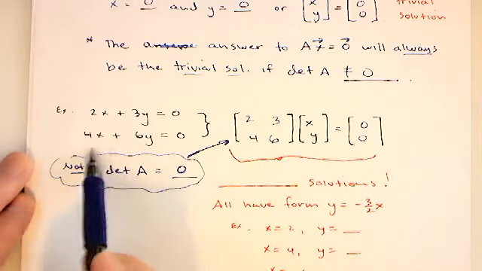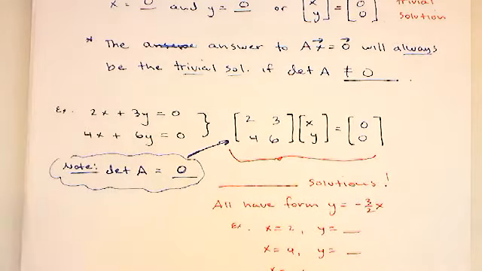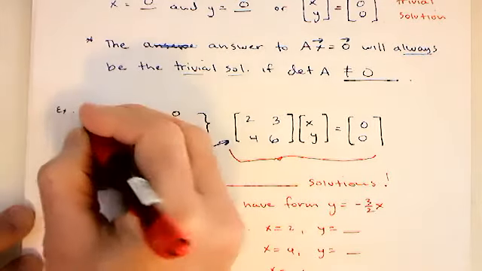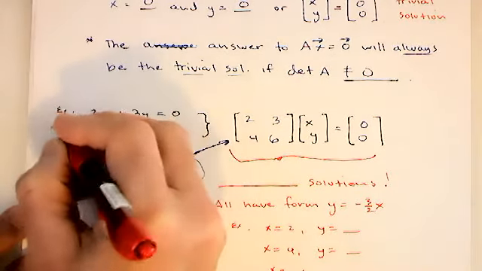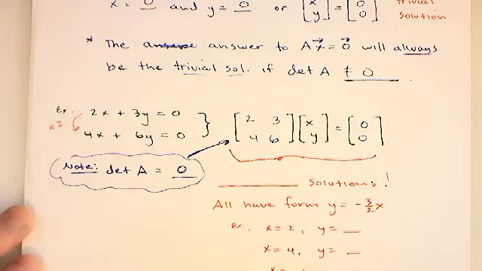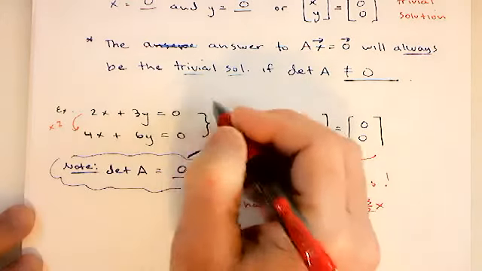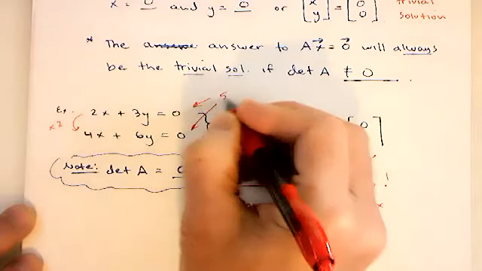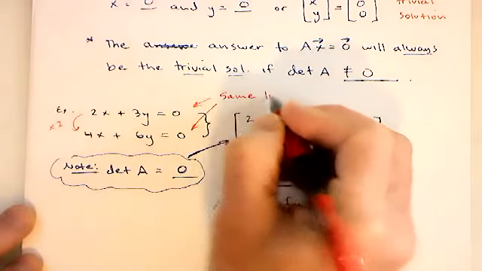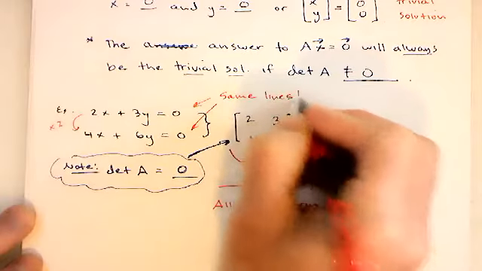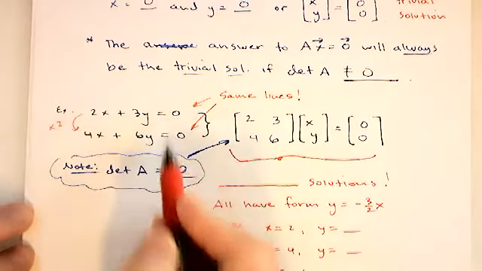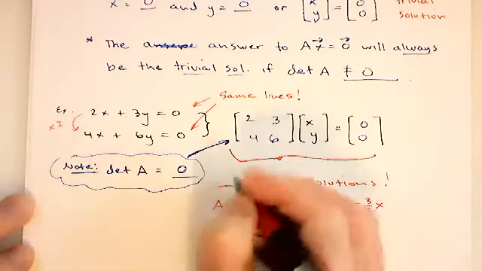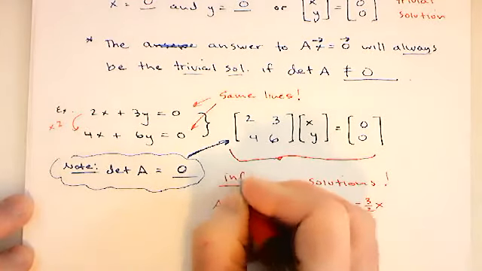If you think about it, these are the same lines. The second equation is really just the first equation times 2. So we're talking about the same lines. I'm going to write that here. Same lines. And if these two lines are the same, then we actually are going to have infinite solutions.